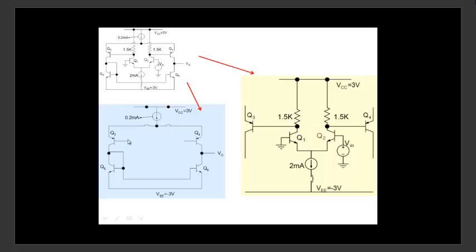Now what you do is you go ahead and put these two values at this particular point and this particular point. Can you see that this particular point will have, let's say, a negative value, and this particular point will have a positive value, because V in will contribute a voltage here, let's say positive, and a voltage here which is negative.